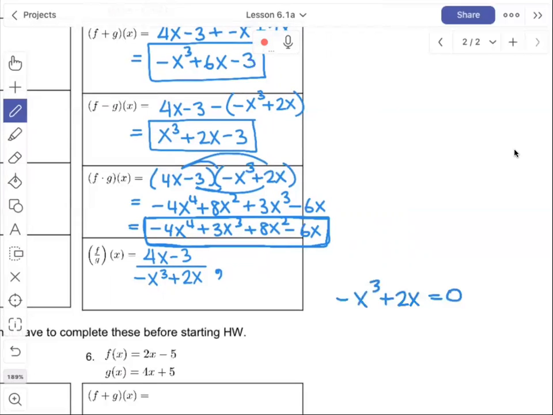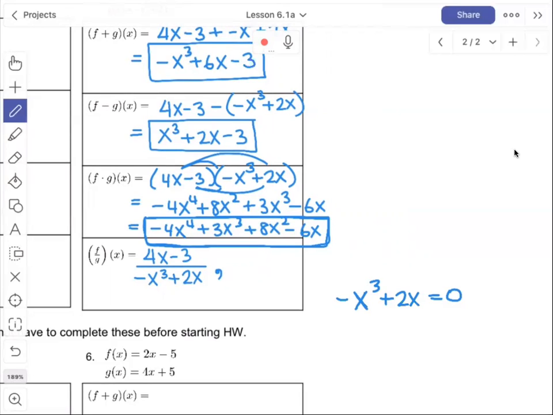Okay, this one's a little bit tougher. So how do we figure out when that's equal to 0? Just throw out an idea, even if you're not sure. Subtract the 2x? Or add the x. I see what you're doing, because then you're going to divide by x, right? Be careful, you actually lose an answer by doing that.